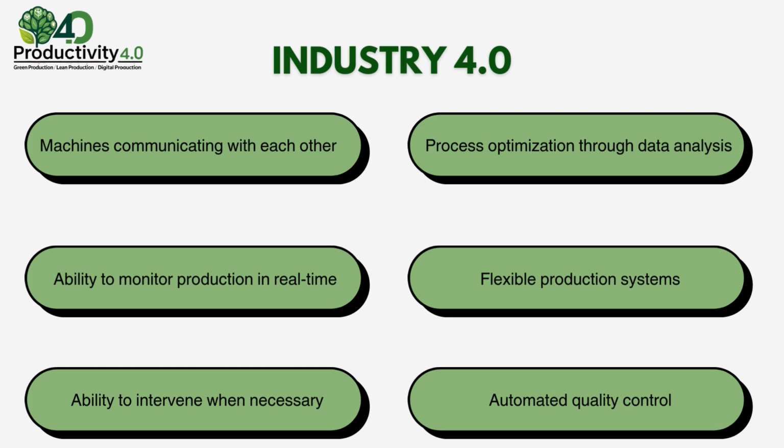Data collected from machines is analyzed to optimize processes, increasing efficiency and reducing waste. Flexible production systems can respond quickly to changing demands, while automated quality control mechanisms continuously monitor product quality, minimizing errors. As a result, production becomes smarter, faster, and more customer-focused.